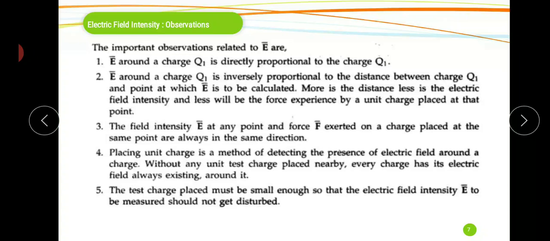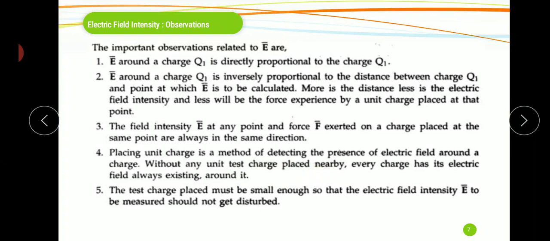Without any unit test charge, we cannot find the electric field. That means we cannot understand the electric field intensity around the charge.